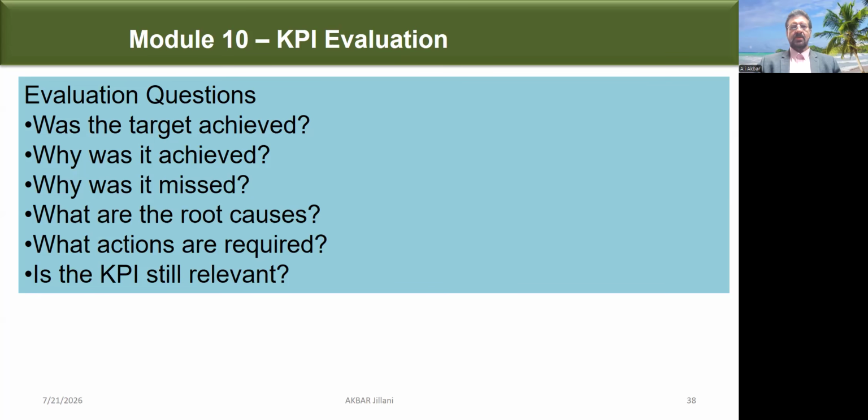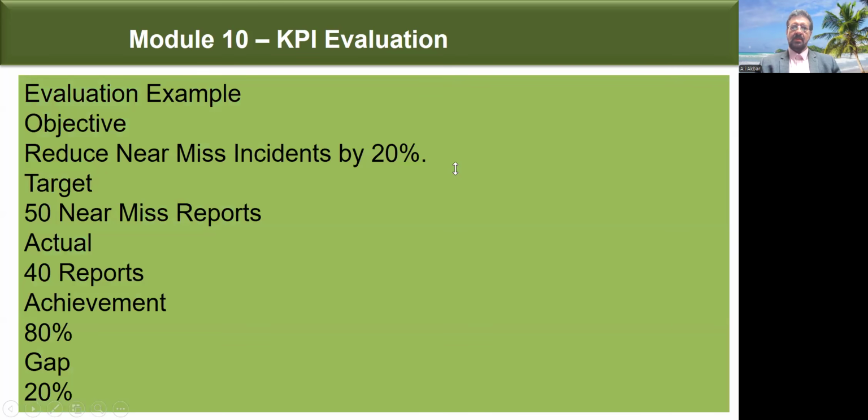Now evaluation questions: Was the target achieved? Why was it achieved? Why was it missed? What are the root causes? What actions are required? Is the KPI still relevant?